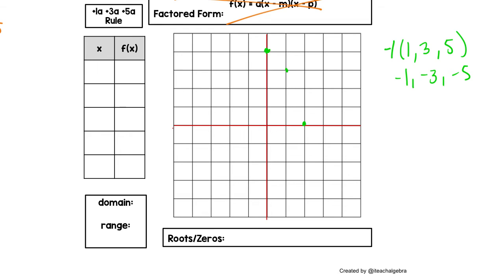Negative 5, right 1, down 5. Same thing on the opposite side because these are symmetrical. We connect the dots and have a parabola.